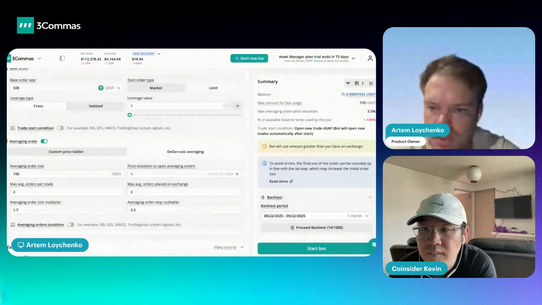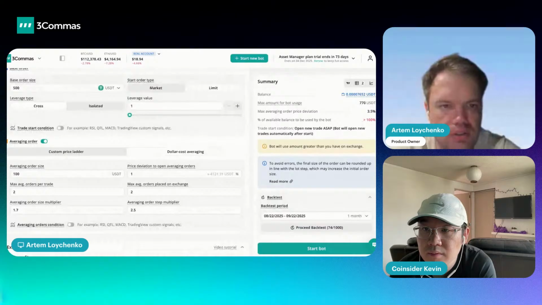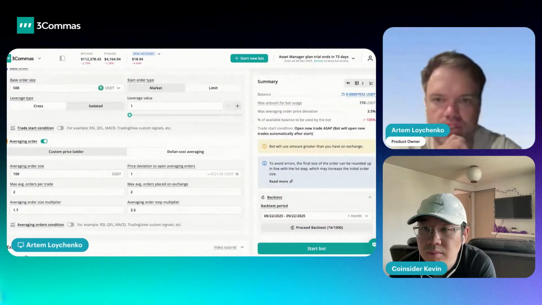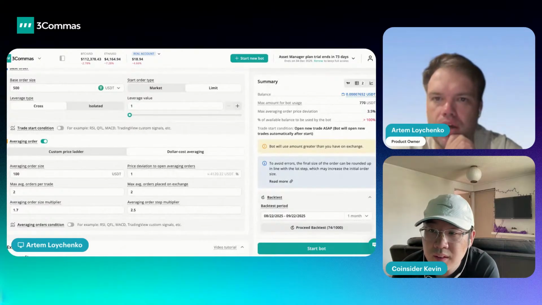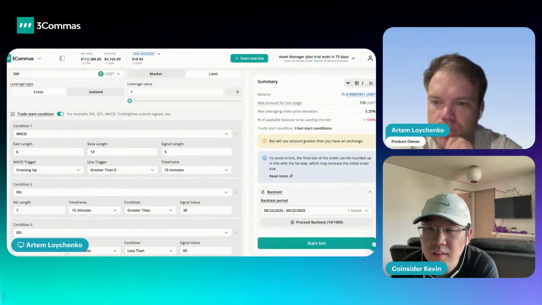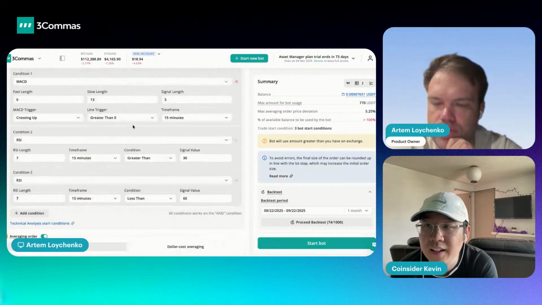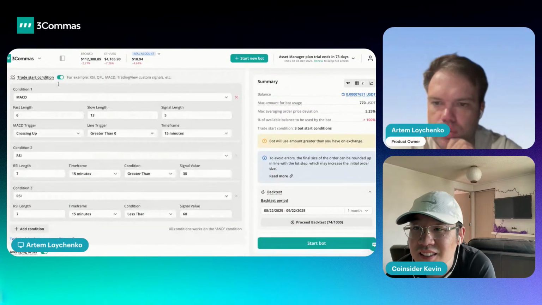Let me recheck it, because it should show all the indicators. Now I don't see it. Probably I just confused the namings when I did it the first time. Sorry guys, this was under another name. So this is the configuration that we did.